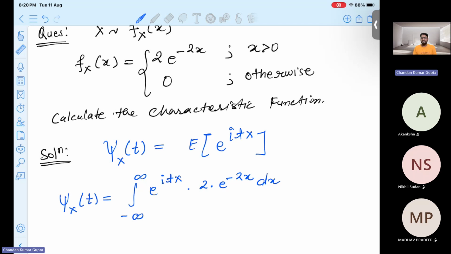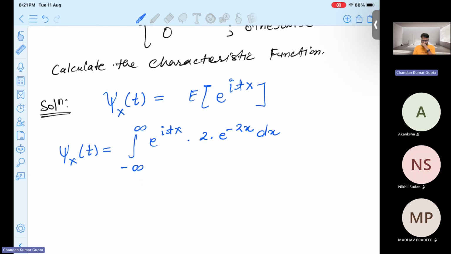You can write 2 as some other quantity in general, or you can take the value 2 itself. Usually we will use lambda or theta: instead of 2, the parameter lambda, e to the power minus lambda x, and for lambda equal to 2, this is the equation.